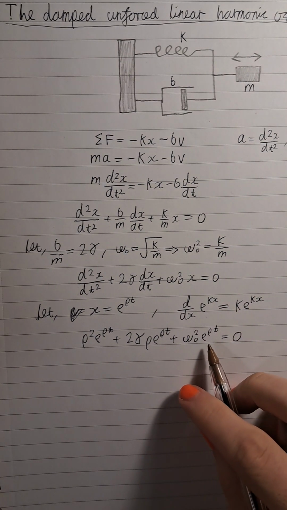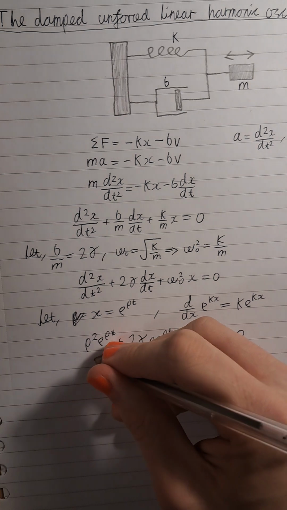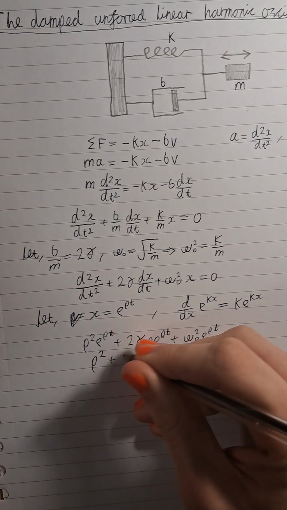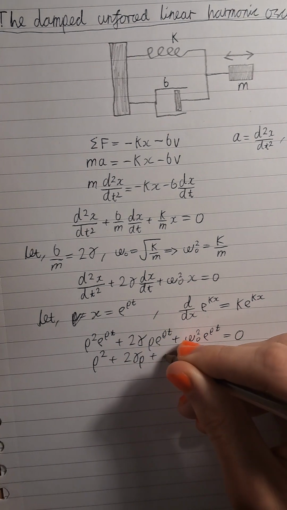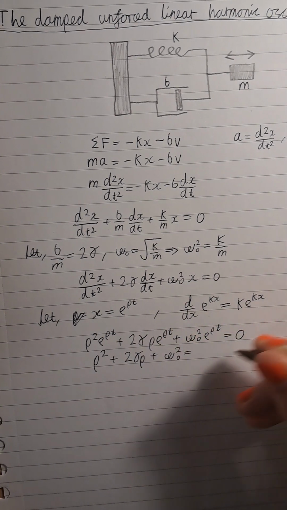And we can divide this all by e to the pt, so we're just left with p squared add 2 gamma p add omega squared.